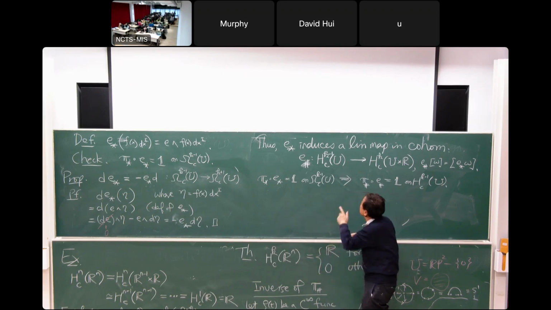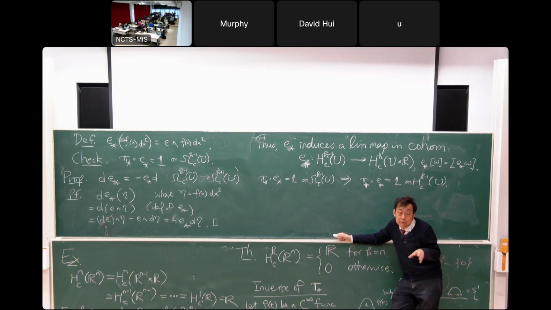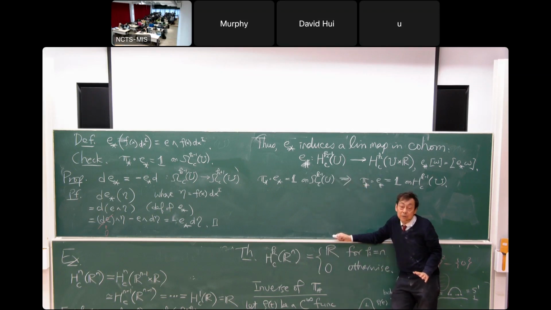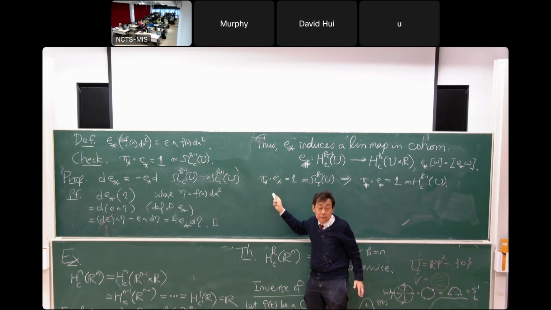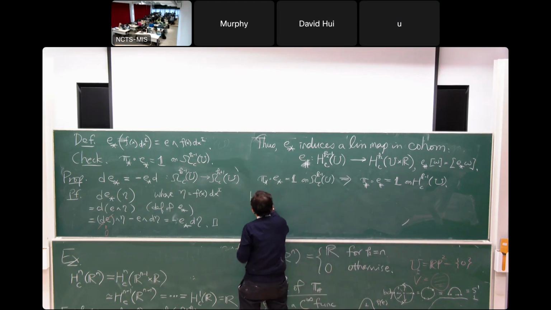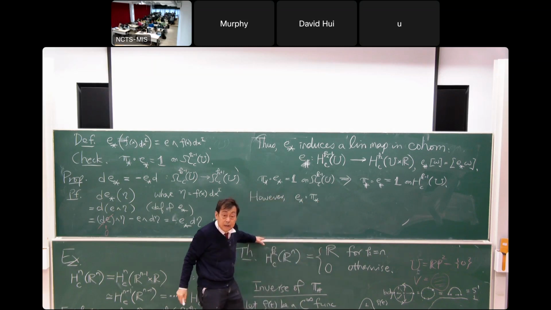But that's when the domain and the range are the same group. Now here we have two different groups, so you can't just check one side, you have to check the other side also. So you have to also check E lower star composed with pi lower star. But if you check that, you find that it's not the identity.